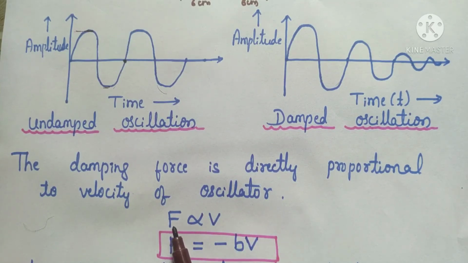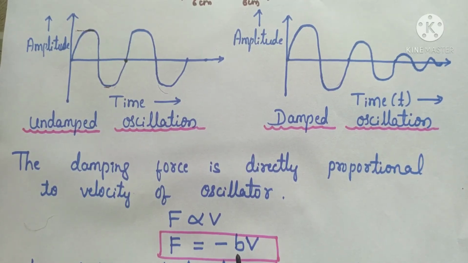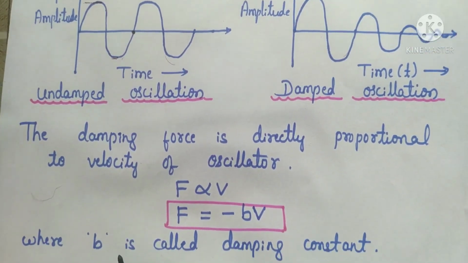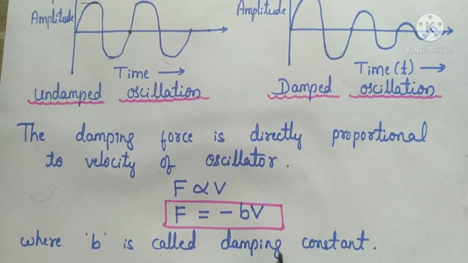Mathematically we can write F is directly proportional to V, and if you remove this proportionality we get a constant term B, so that we can write F equals minus B into V, where B is called the damping constant.